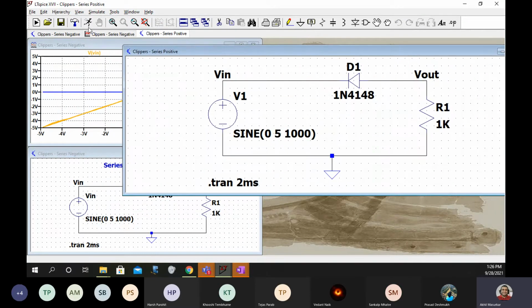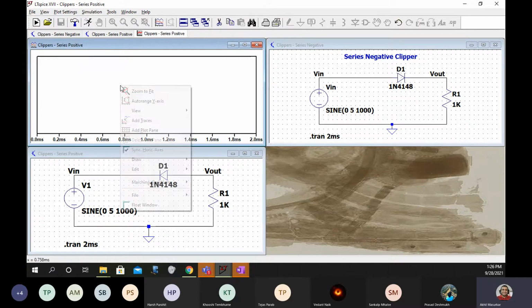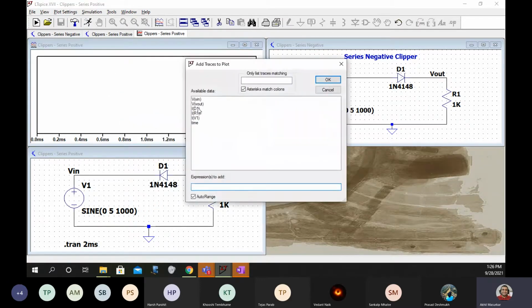So this is how it looks, and the moment I say run, here also you can add trace V in, V out.